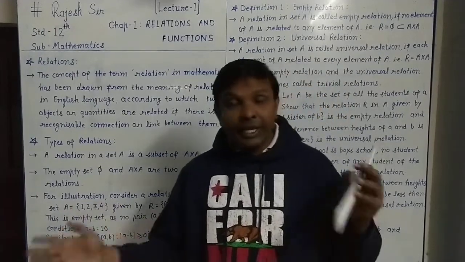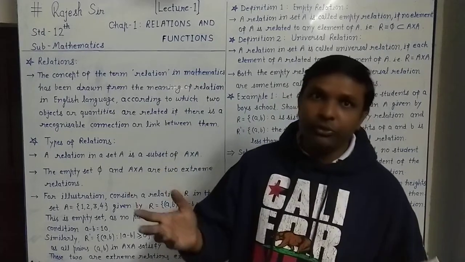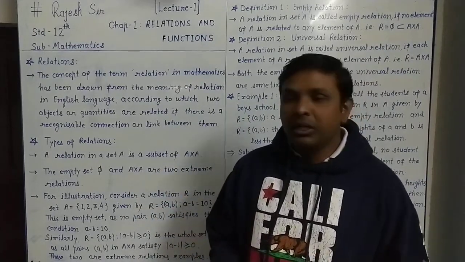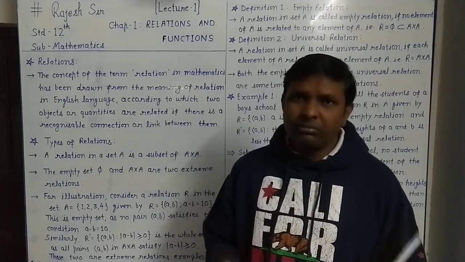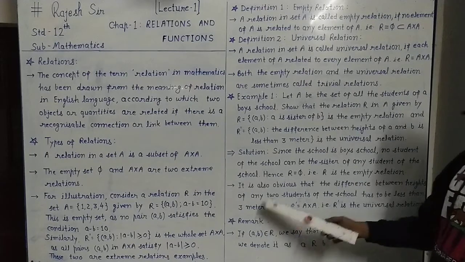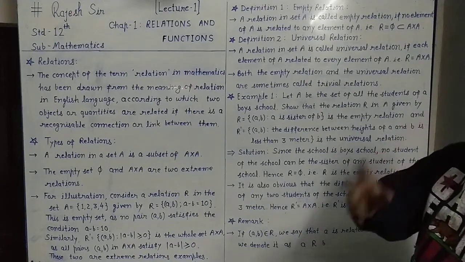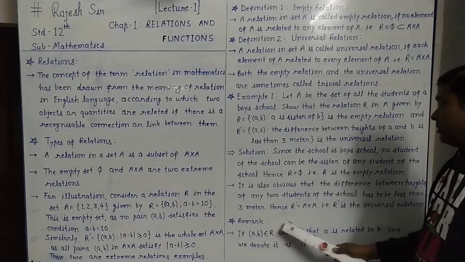So even taking the extreme examples, the difference will be 2 or 1 at maximum. So it will always be less than 3. The difference between the heights of two boys will always be less than 3.